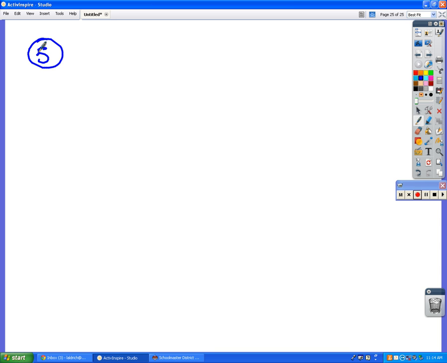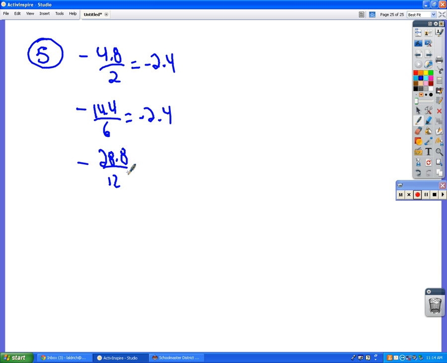Negative 2.4. Okay, so if we divide the first ones, we get negative 2.4. What do you get if you divide negative 14.4 by 6? Negative 2.4. What do you get if you divide negative 28.8 by 12? Negative 2.4.